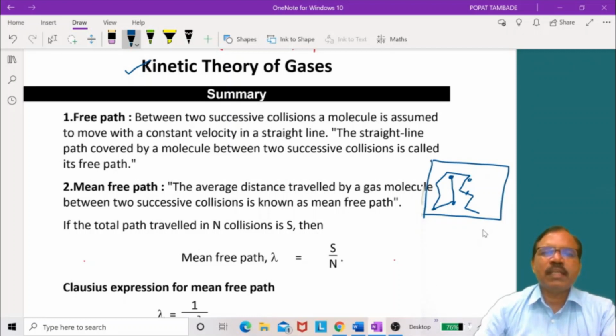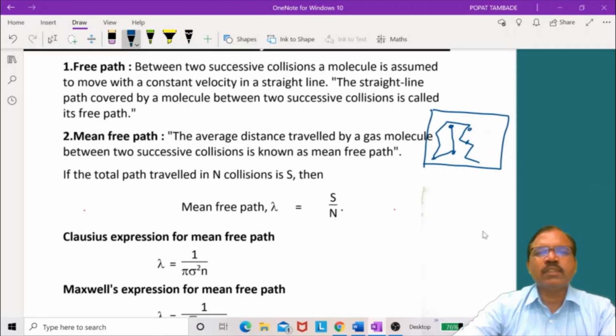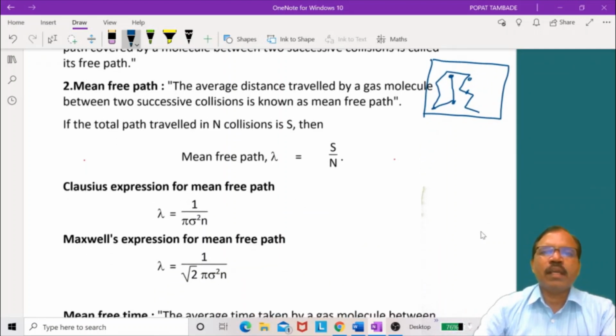Mean free path: the average distance traveled by a gas molecule between two successive collisions is called mean free path. It is given as S upon N, where S is the total path traveled in N collisions. We have two expressions for mean free path. Lambda is equal to 1 upon pi sigma square n.